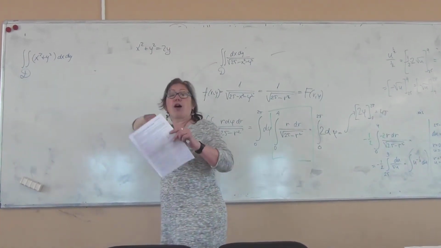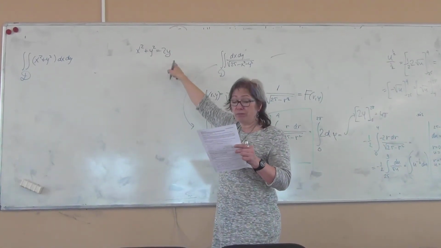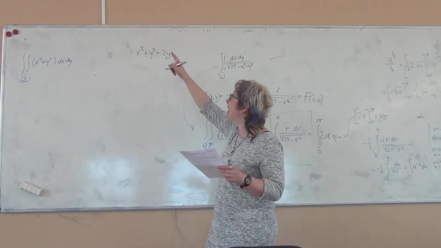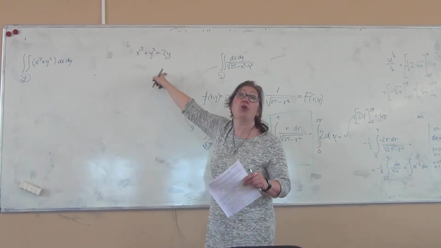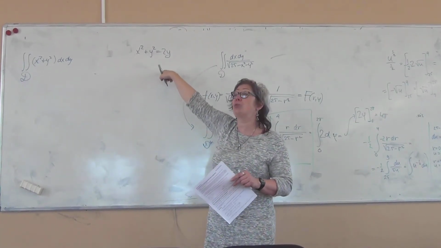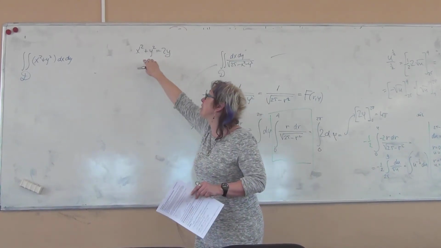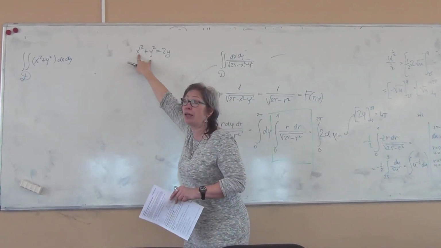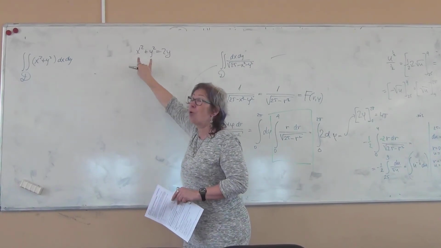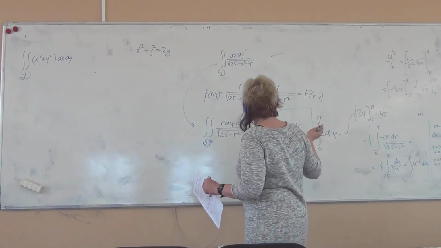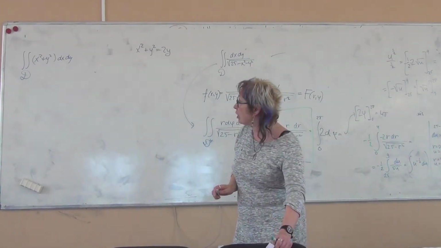Now we have to figure out what it looks like. First of all, we need to know what it looks like, and we need to know how to convert it into polar coordinates. We need both. It's not enough that we simply replace these by r sine phi, r cosine phi. We still need to know what it looks like, because otherwise we will not be able to arrange the integration correctly.